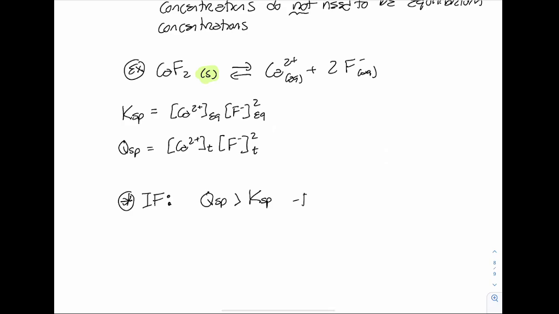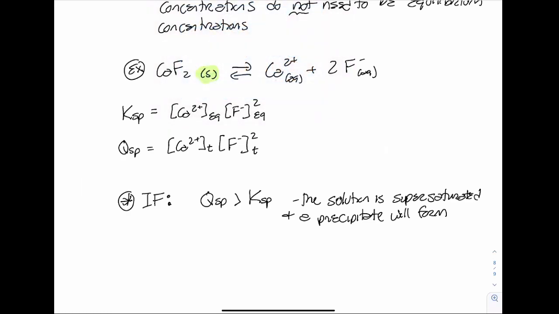So the solution, we could say, is supersaturated, and a precipitate will form.